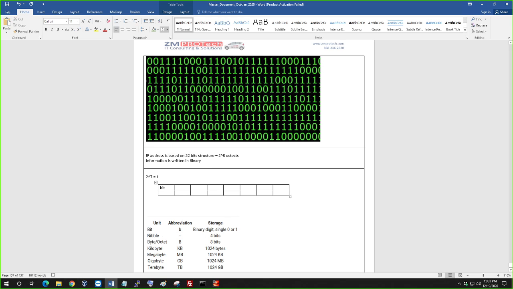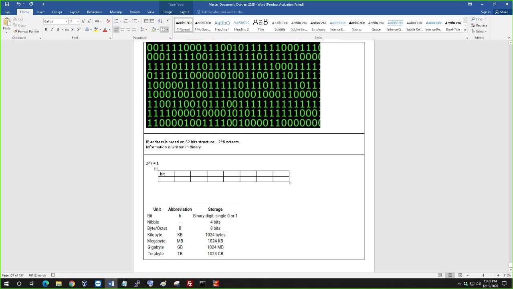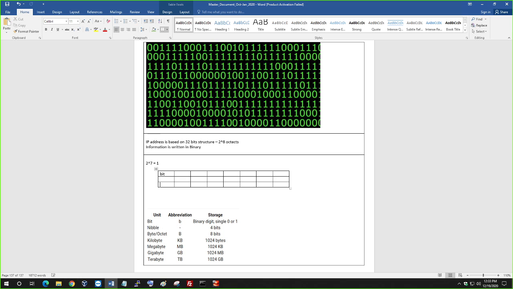And then the next one up is 4 bits. So 1 is 1 bit, and 4 bits is a nibble.